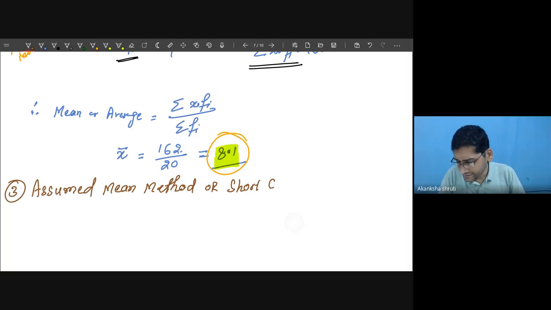Why shortcut? Our calculation gets reduced drastically. Shortcut method, because we want to get the mean, but we first assume something as mean and we adjust, means adding or subtracting something from that assumed mean to get the exact mean or real mean. So how is that? This is also called the deviation method.